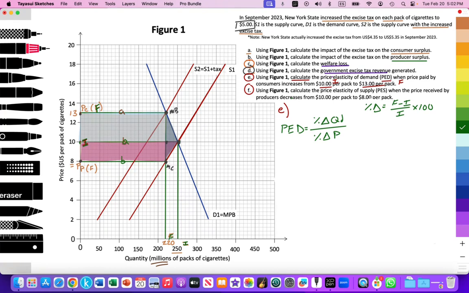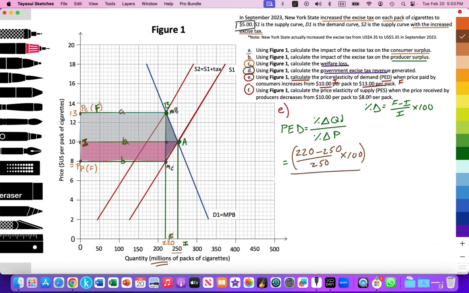Okay, so let's take a look. We're going from this point here to this point. We're measuring the elasticity of demand between these two points, let's say from point A to point B. So PED is equal to the percent change in quantity. That would be the final quantity of 220, and I'll leave out the millions for now just to keep it simple: 220 minus 250, final minus initial, divided by the initial, 250, times 100.